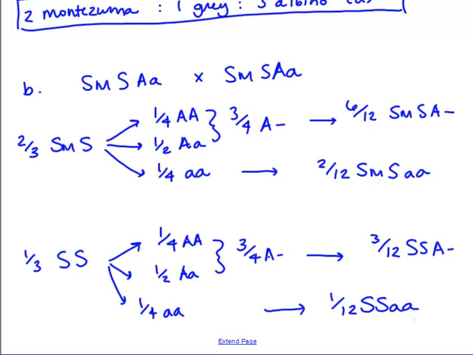If you have one big A, that means you can have coloration, and this coloration codes for Montezuma. The second one is homozygous recessive at A, so this is albino. In this one, you allow coloration, and SS codes for gray. And again, homozygous recessive at A codes for albino.